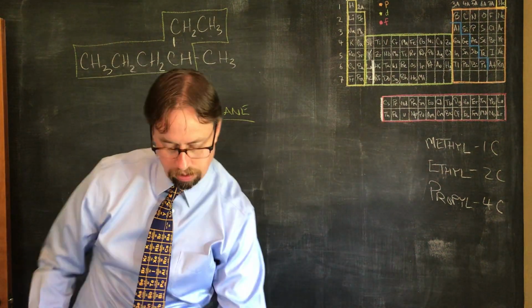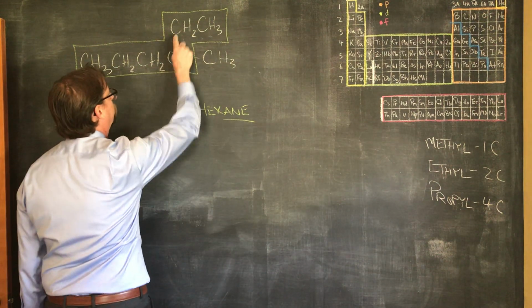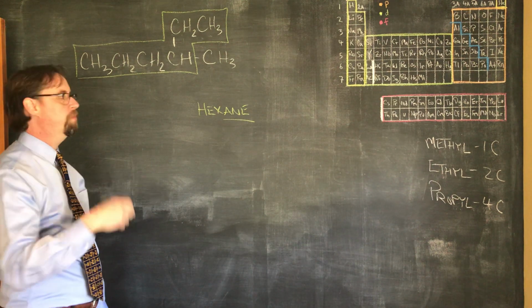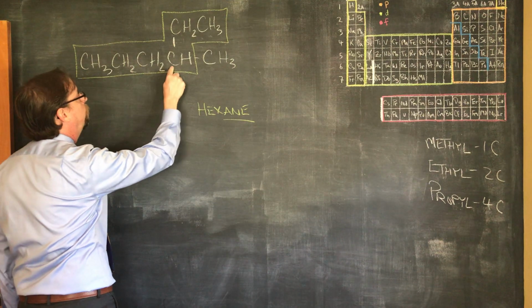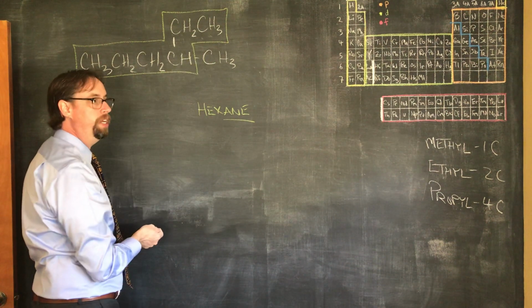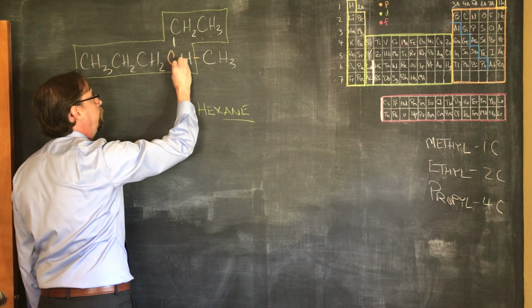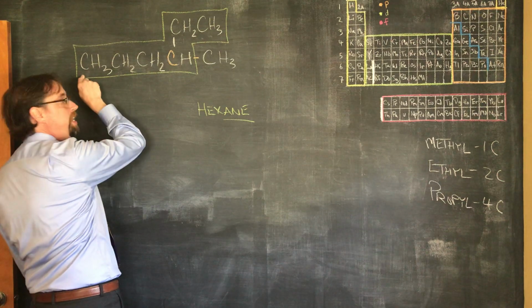The first thing to do to deal with the branch is we want to number these carbons, and then we're going to kind of give them addresses. And the way it works is that we've got 2 ways we could number. We could call this number 1, 2, 3, 4, 5, 6. If we did that, this branch right here comes off of 1, 2, 3, the 4th carbon, if we number from this end.